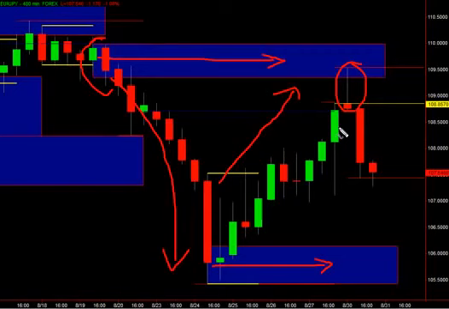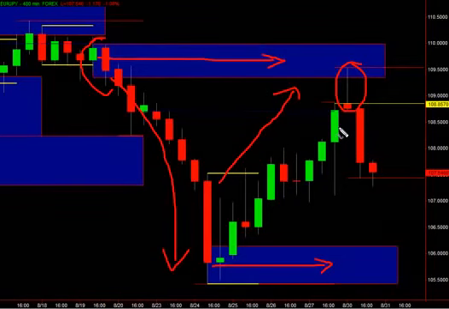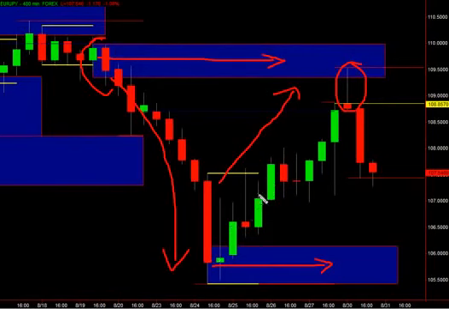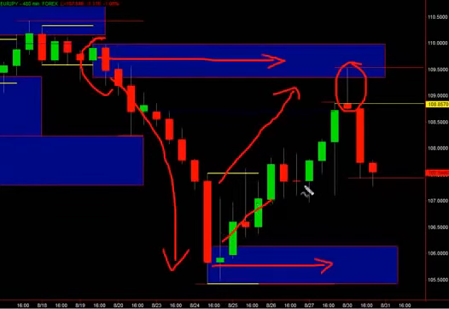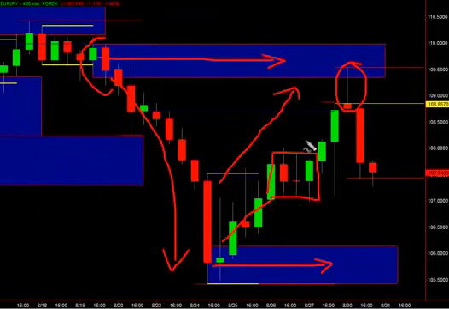a previous location where the balance of power changed quite dramatically. Now on this move up here, we can see it was in two stages. We've got a push up, a little bit rough around the edges, as you can see from the spikes on our chart. We've got a push up, a pause, and then another push up in price. But look where price is stopping. We've effectively got a two-stage move up to that resistance level.